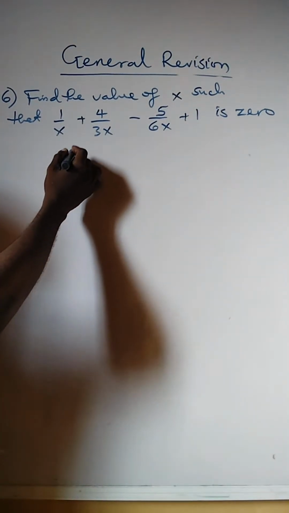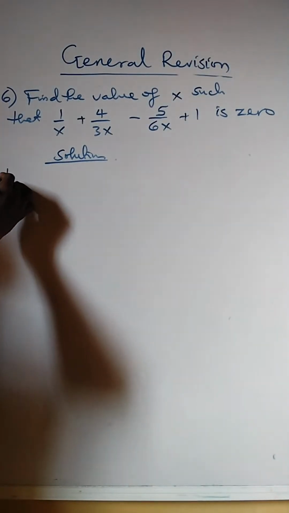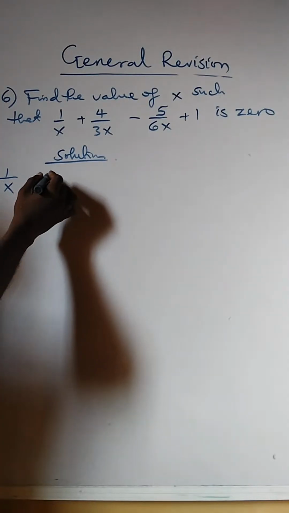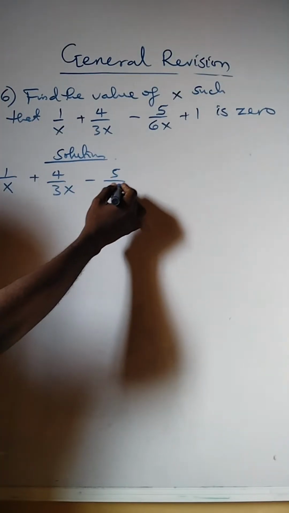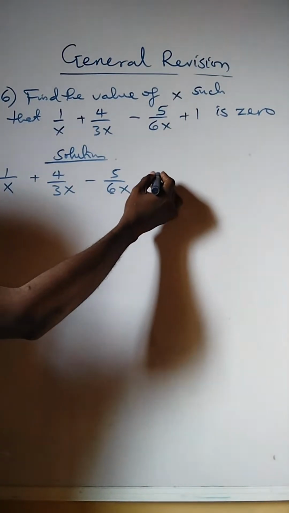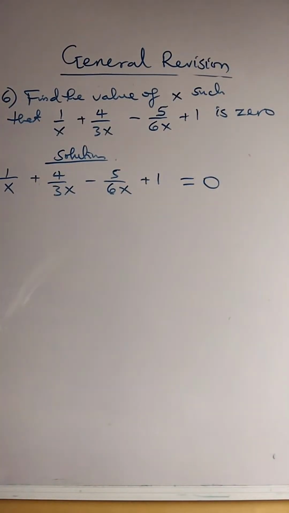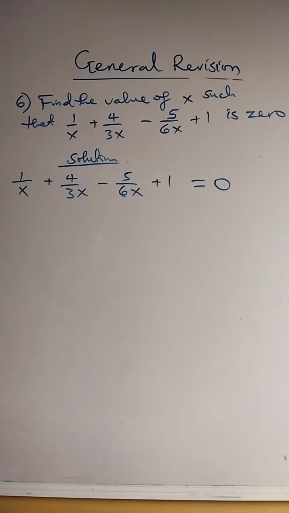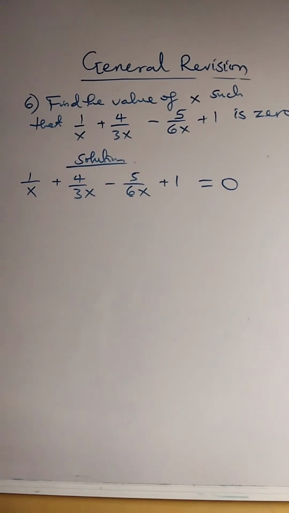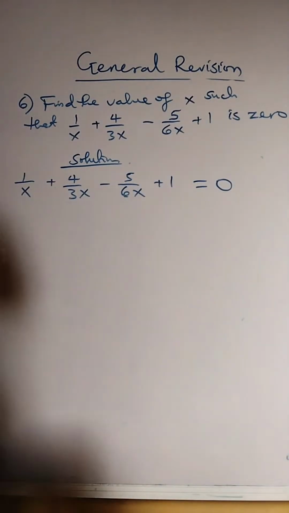Now let's consider the solution. We have 1 over x plus 4 over 3x minus 5 over 6x plus 1, equals 0. To solve this equation, we need to clear the fractions, so we multiply through by the LCM.